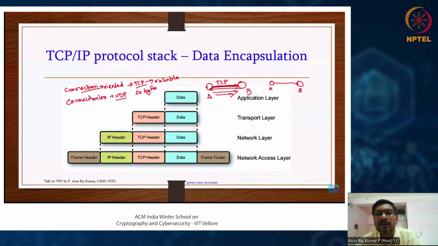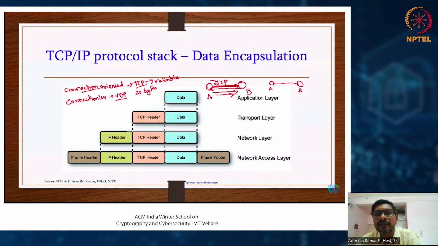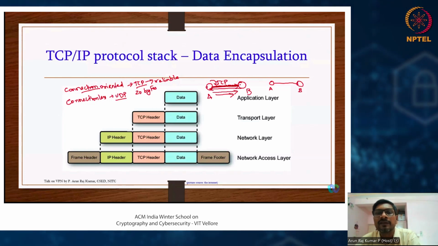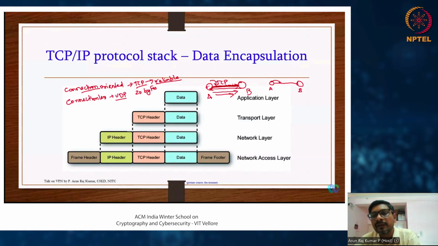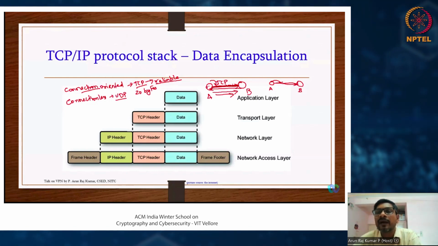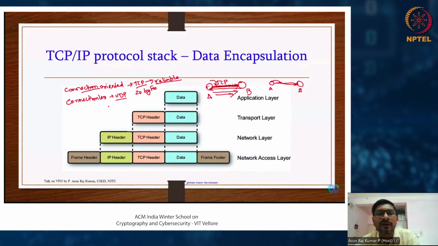After I lay the road, I start transferring the data, which means it will travel safely, and for every data, I get the acknowledgement back. So we call it reliable. Whereas in UDP, we don't lay the road. We just throw the data on the link, and it goes there, but we will not even get the acknowledgement back. So we call it not reliable.